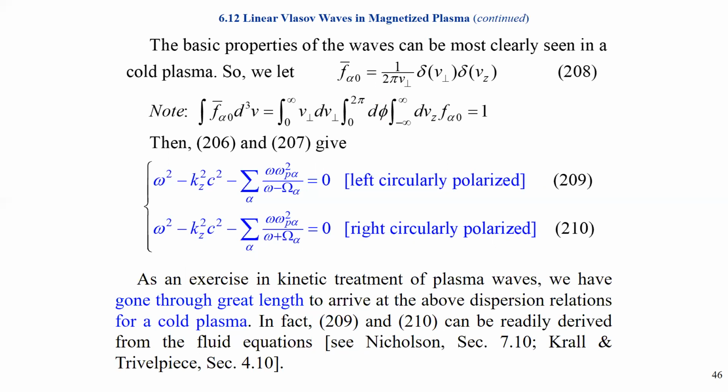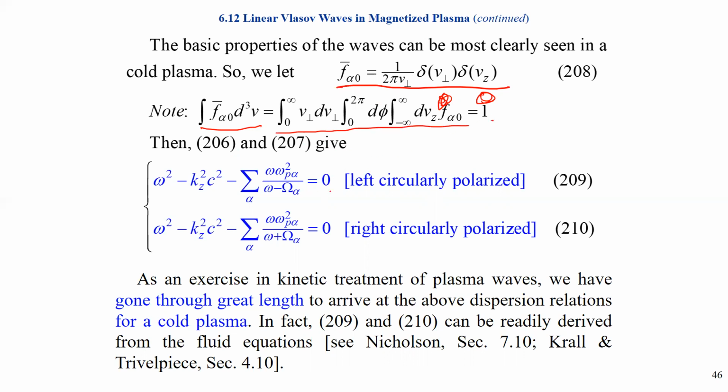The best property of the wave can be most clearly seen in the cold plasma. So the cold plasma has no temperature distribution, no thermal distribution. We just assume this one here is a delta function centered at 0, like frozen. Okay, so the velocity distribution function integrates to 1.